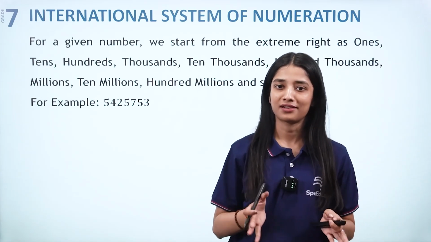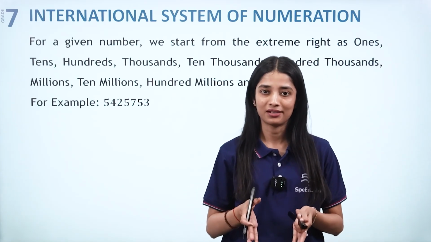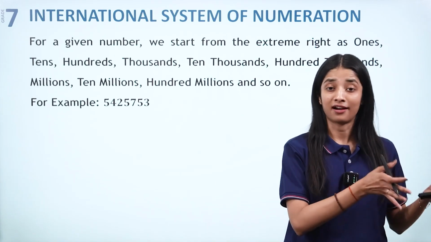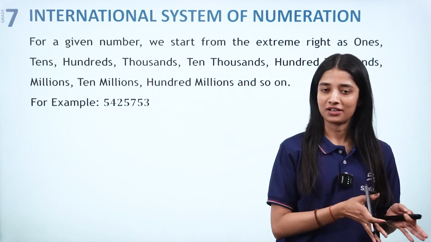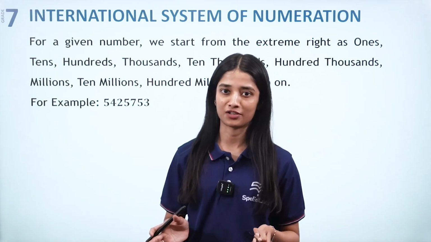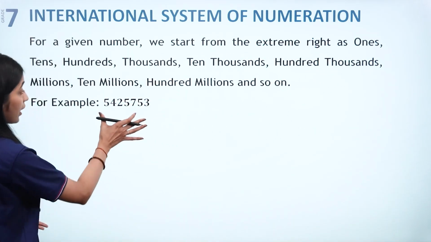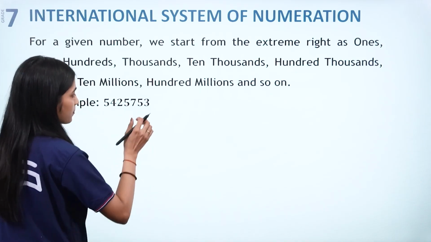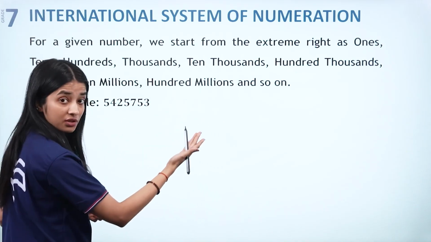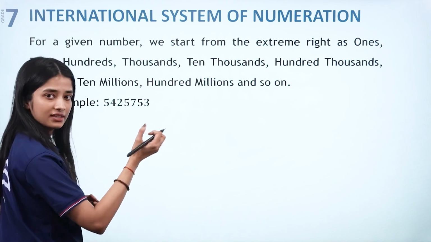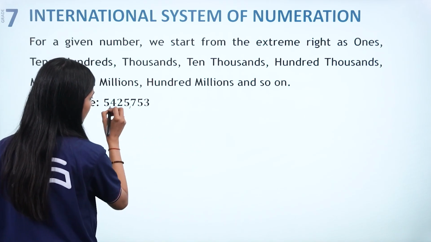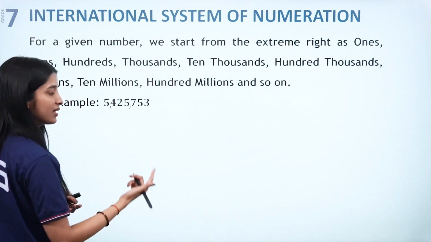Then billion, 10 billion, 100 billion, trillion, 10 trillion, 100 trillion. Like that we will read the number in this system. Looking at this number, first of all we put the commas. We start from the extreme right and place the comma after every 3 digits, leaving 3 digits each time.